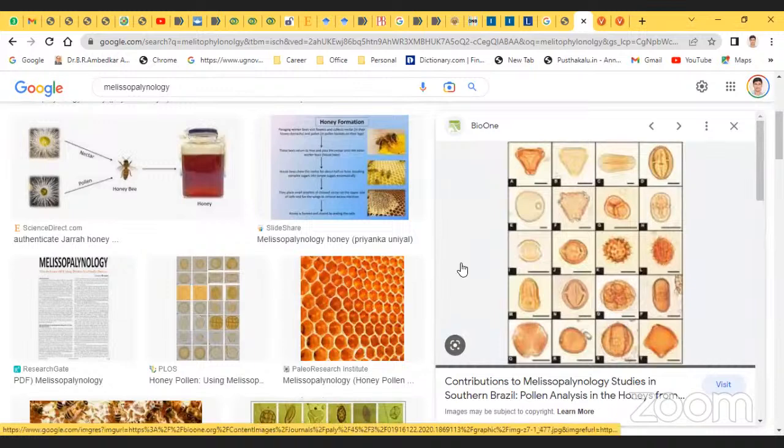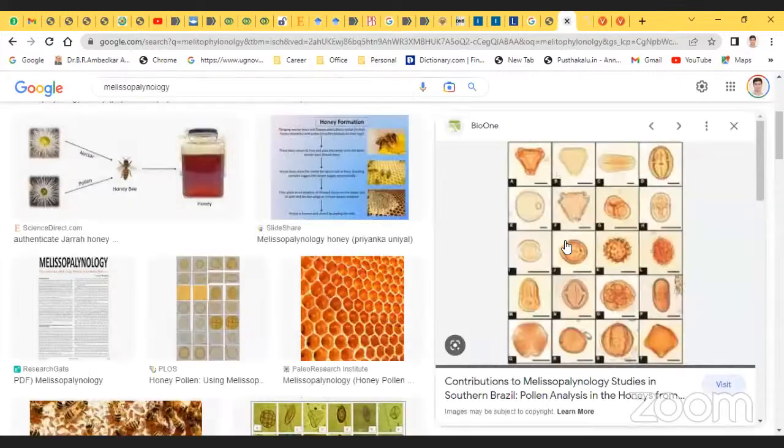When the honeybees collect through the pollen grains, and we identify the honey, there are some different processes. These types of pollen grains are found in the honey. The research is to find which pollen grain belongs to which plant.